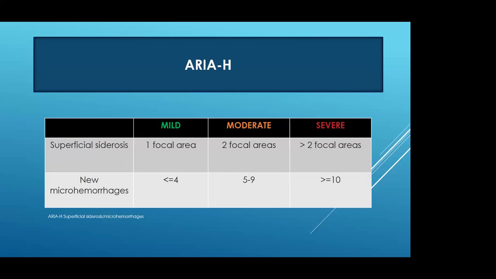For superficial siderosis, mild is one focal area, moderate is two focal areas, and severe is more than two focal areas. For new microhemorrhages, mild is less than or equal to four, moderate is between 5 and 9, and severe is 10 or more.